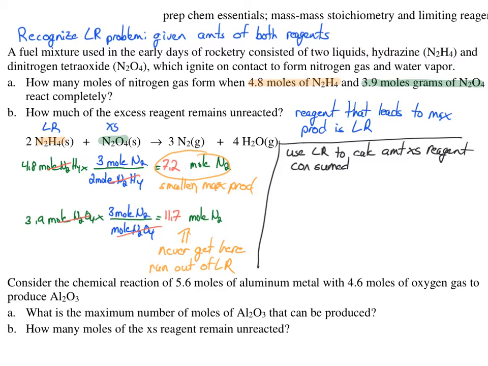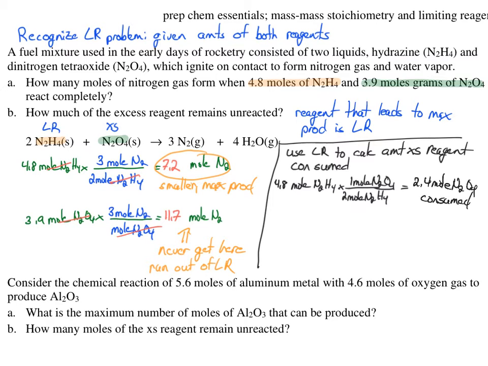Next, we'll use our limiting reagent to calculate the amount of excess reagent that's consumed. So we start with 4.8 moles of our limiting reagent, which again is N2H4. Our mole-to-mole ratio is that every 2 moles of N2H4 will consume 1 mole of N2O4. So that means that 2.4 moles of N2O4 is consumed.